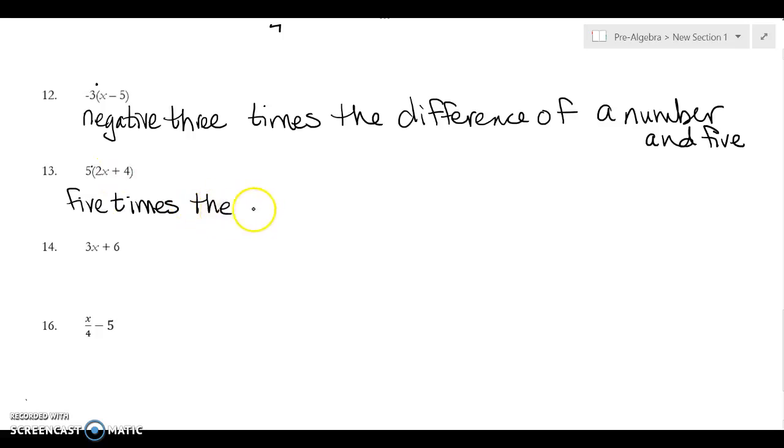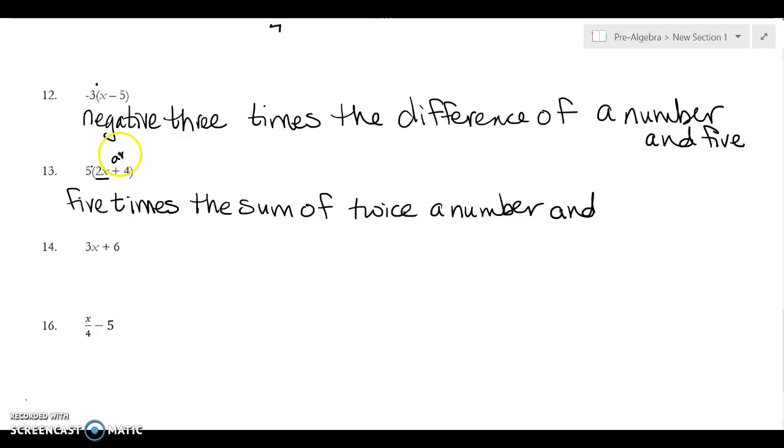So 5 times the sum of, well, I'm adding this. What's a quick way to say 2x? That's right, twice. So 5 times the sum of twice a number, and, because that's where the "and" goes right there, 4.